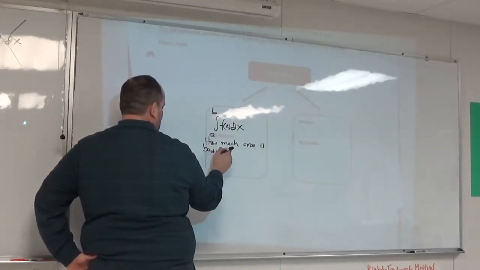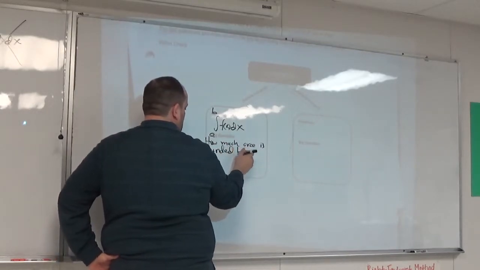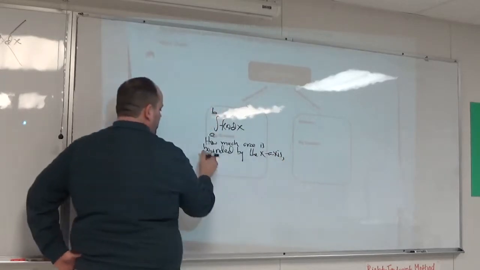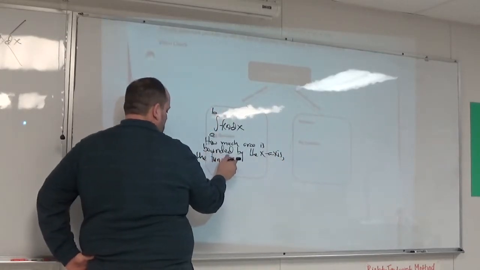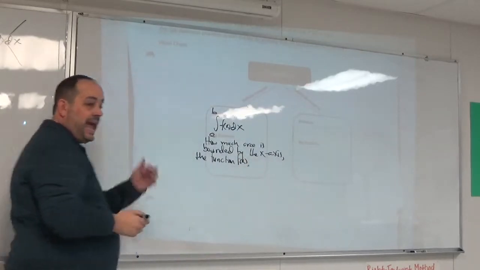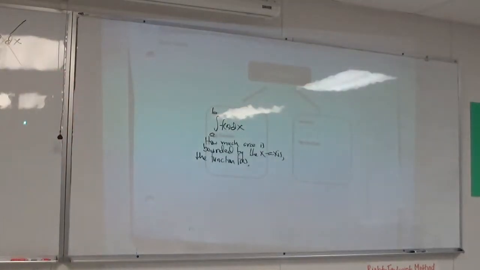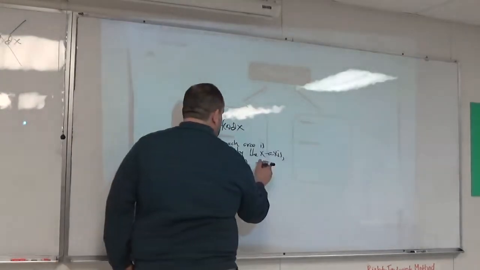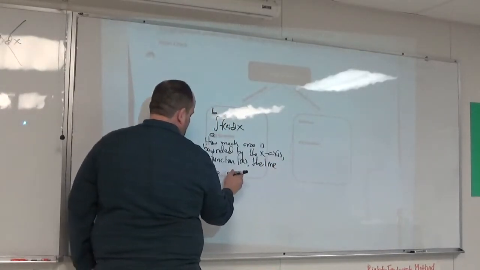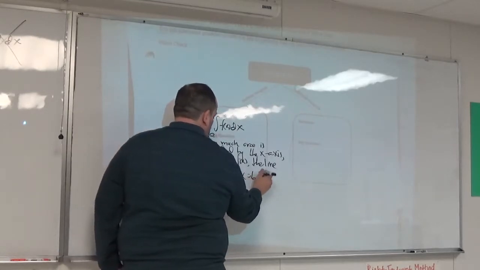Is bounded by, and now you give me four things. I heard the x-axis, the function f of x. What else? The x-axis, the function, and the lines x equals a and x equals b.